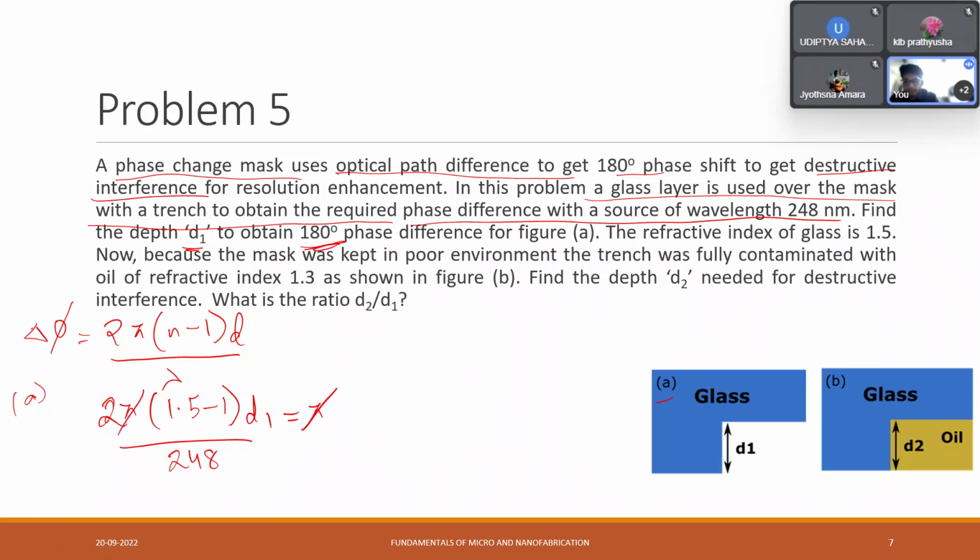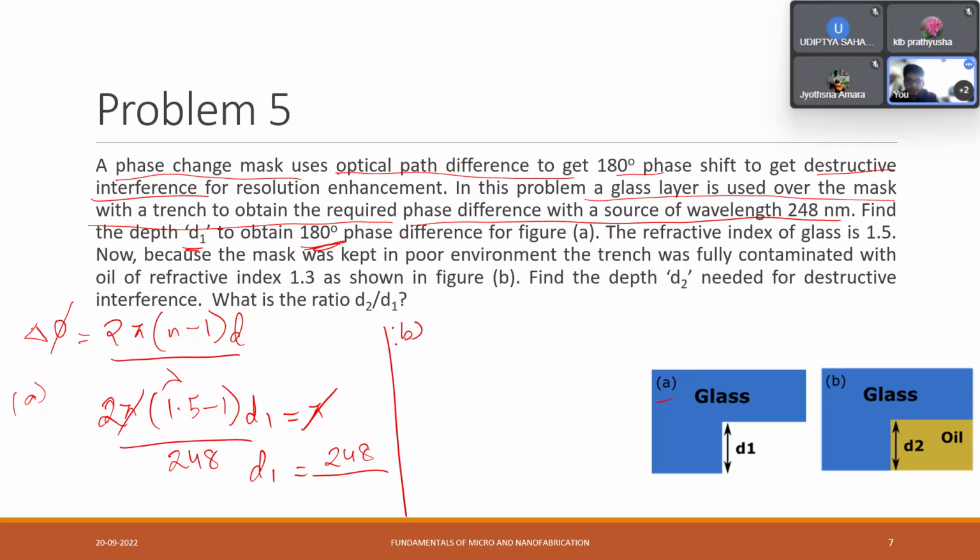So pi can cancel, and you will get d1 equal to 248 divided by (1.5 minus 1 is 0.5, into 2) which is 240. So d1 essentially is 240 nanometer.